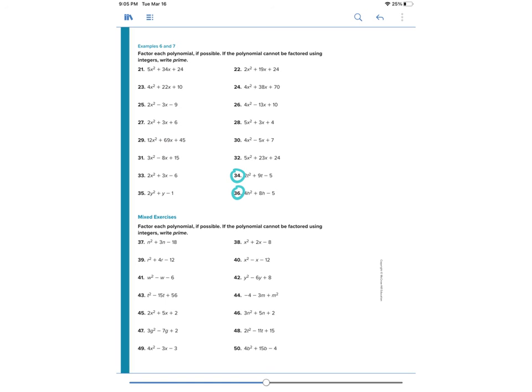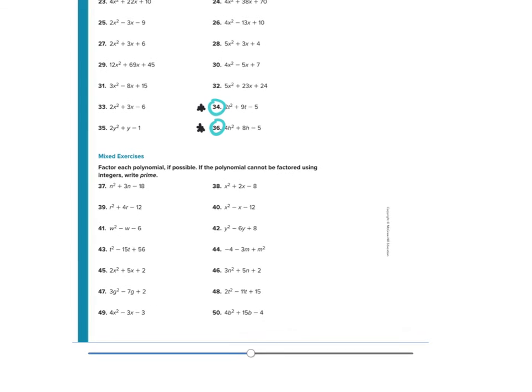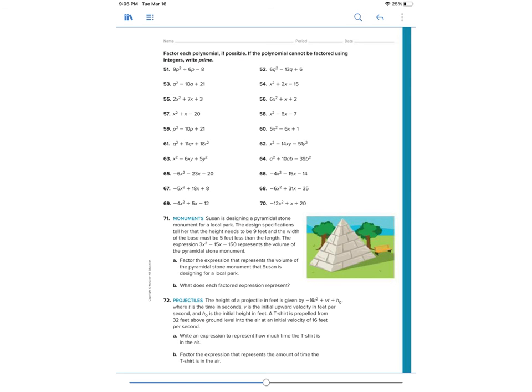I want to put a little star by those because those are like the second method where you have to split them because the a value is not 1. You also are doing 39, 40, 42. Flip the page. And then lastly, you're doing 52 and 60. Those are also like the last method because they don't have an a value of 1.